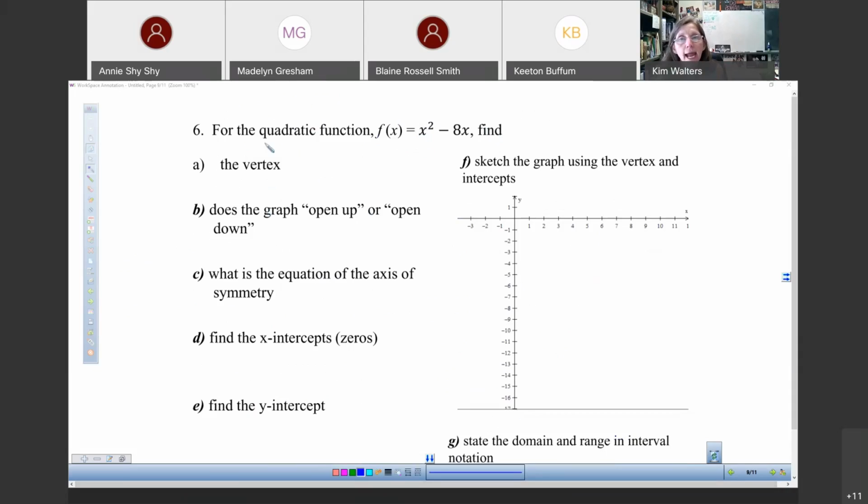Okay, so everybody find the H part of your vertex. And enter it into the private chat for me, please.